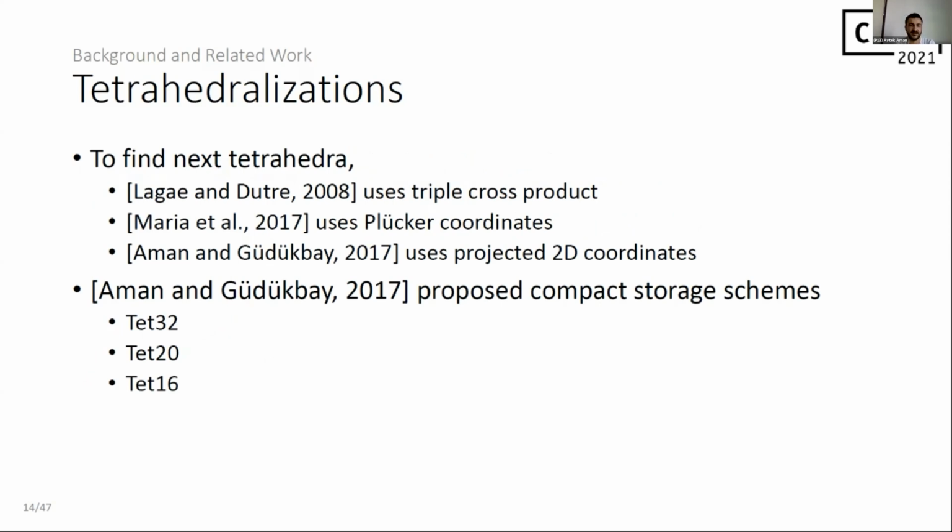These numbers, TET 32, TET 20, and TET 16, are different versions of our data structure. And as you can see, they are getting smaller. These numbers correspond to the number of bytes that we use to store them. At each compaction level, they get harder to traverse because we need to encode and decode some additional information during traversal.